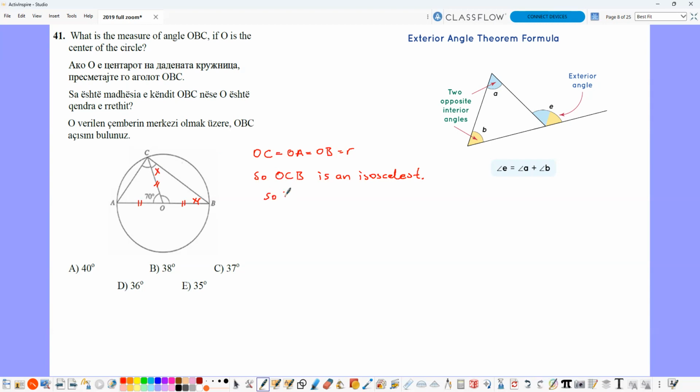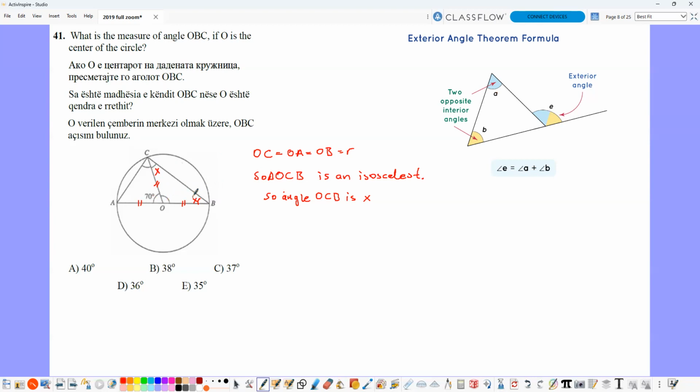Angle OCB is also x, which means that this angle is x, this angle is x, and I apply the exterior angle theorem here, which means that this angle plus this angle gives the exterior angle.